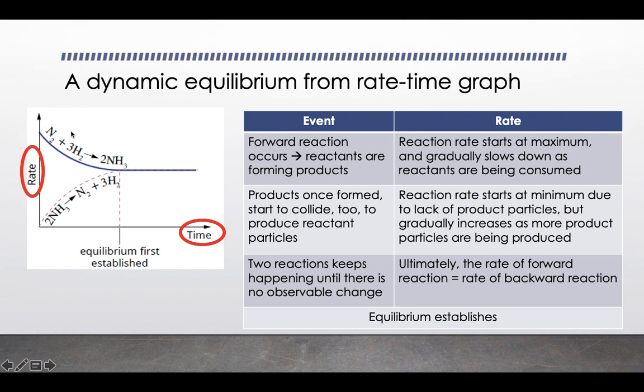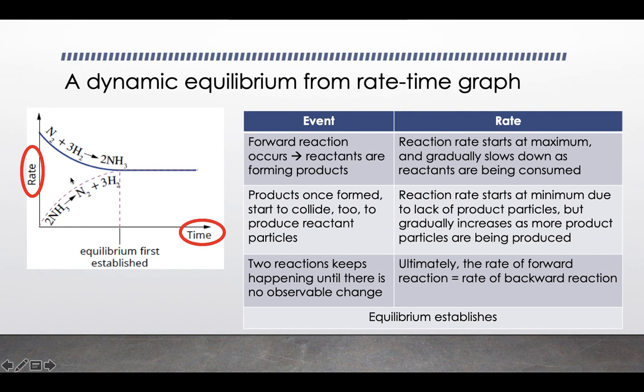According to collision theory, if the concentration of reactants decreases, then the rate of reaction will decrease. At the same time, once products are formed, they also start to collide to produce reactant particles. So the backward reaction rate starts at minimum, and as products form, the backward reaction rate increases because more product particles are available.